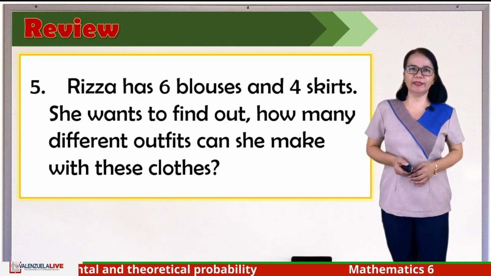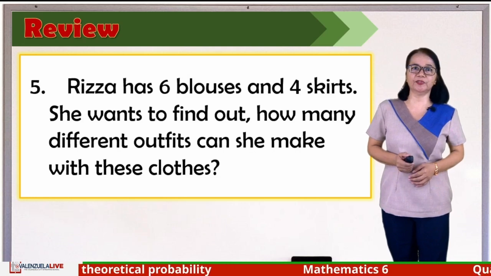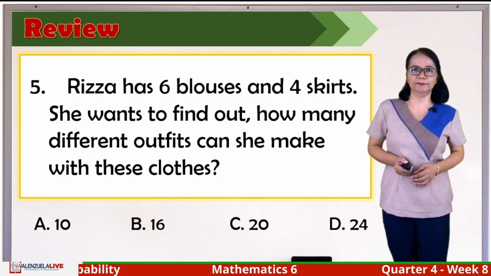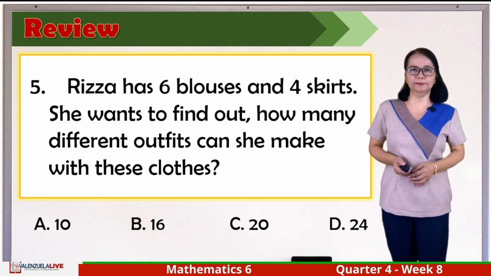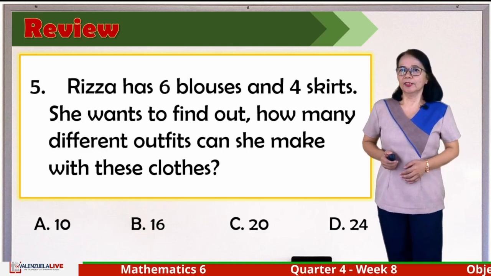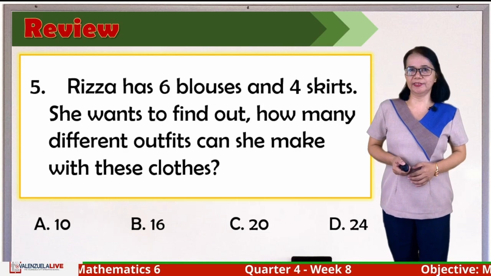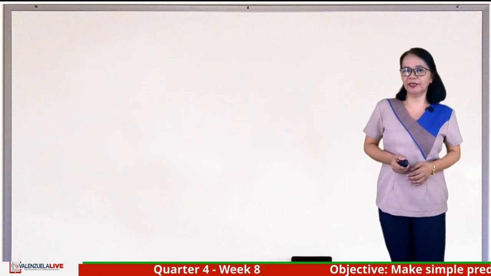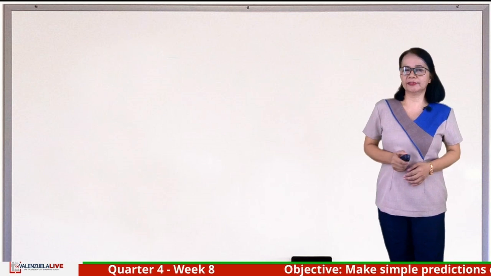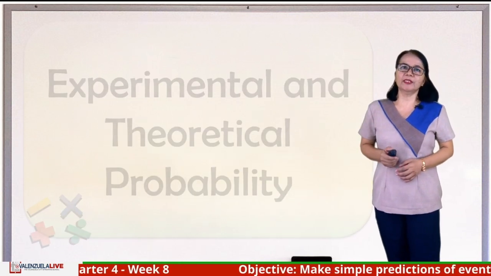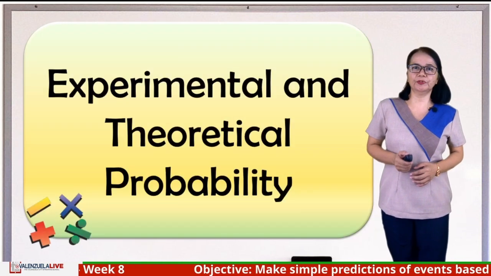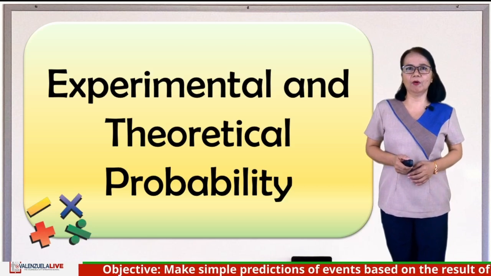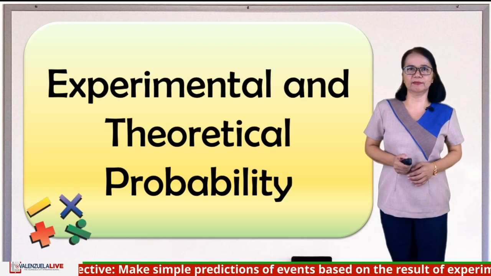She wants to find out how many outfits she can make with these clothes. The correct answer is letter D. Did you get all the correct answers? Great! In your previous lesson, you learned how to make listing and diagram of favorable outcomes and chances.